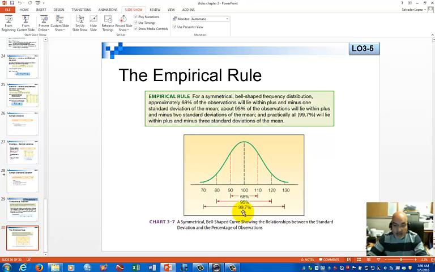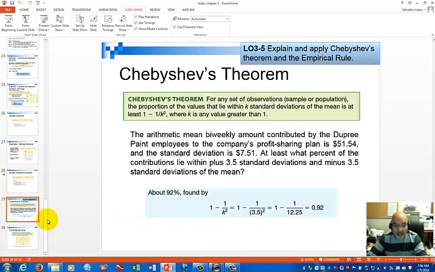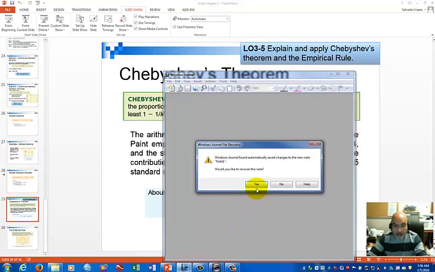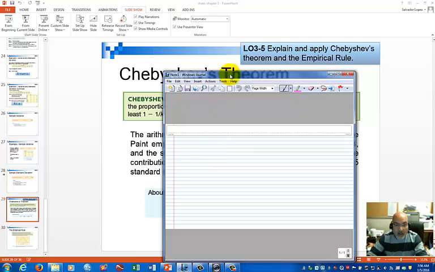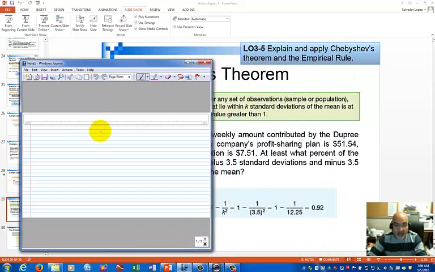Let me give you an example for Chebychev's. It is said that the standard deviation is 7.51 and the average is 51.54.